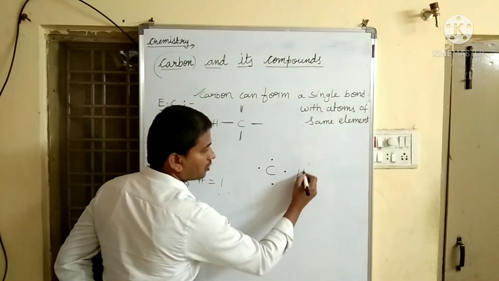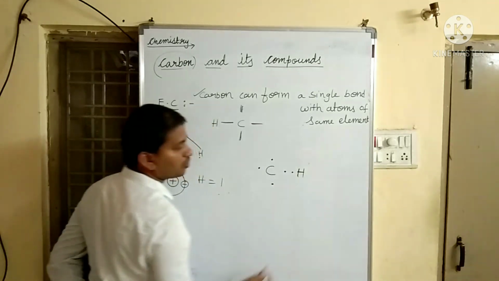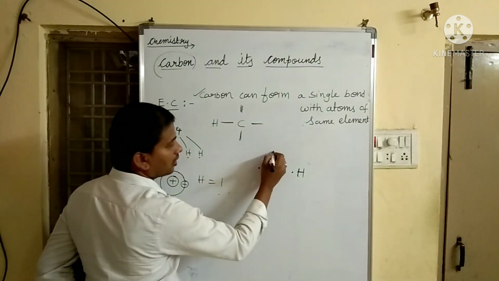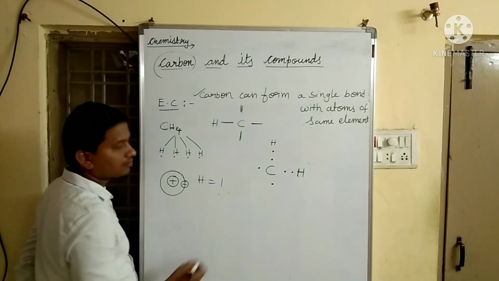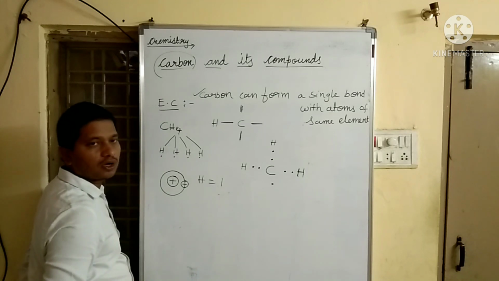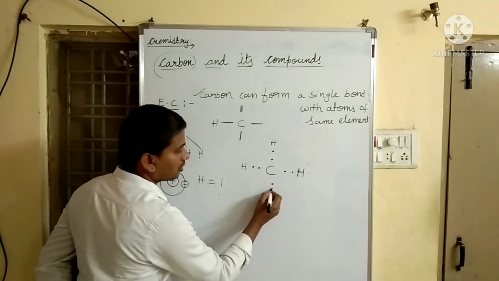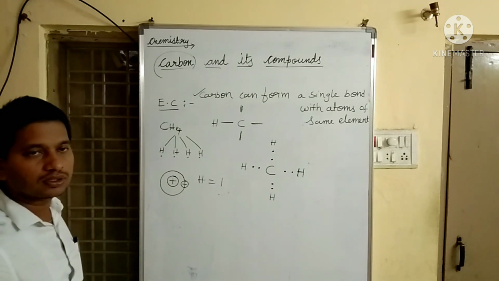Now coming to hydrogen. It has only 1 electron in the outermost shell. The second hydrogen also has only 1 electron in the outermost shell. Third hydrogen also, and fourth hydrogen also 1 electron.